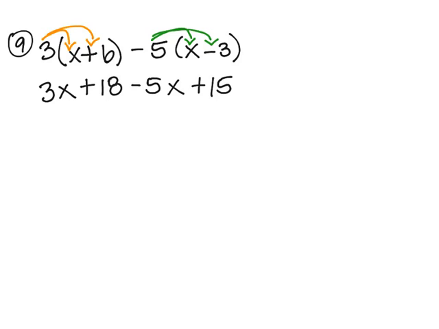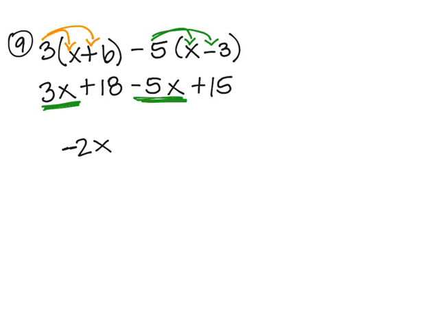good. Now, can we combine? Can we clean it up? We got 3x minus 5x. A negative 2x. Does everybody see that? We're going to subtract because it's different signs. 3 is positive, 5 is negative. We subtract. And it's going to stay negative because 5 is bigger, right?